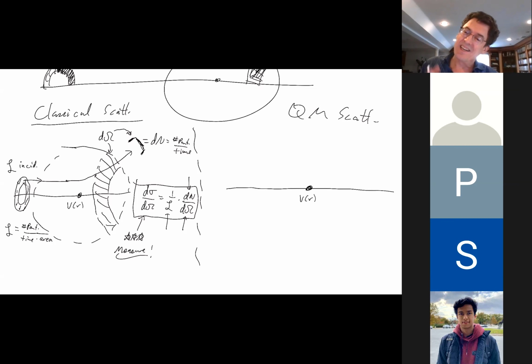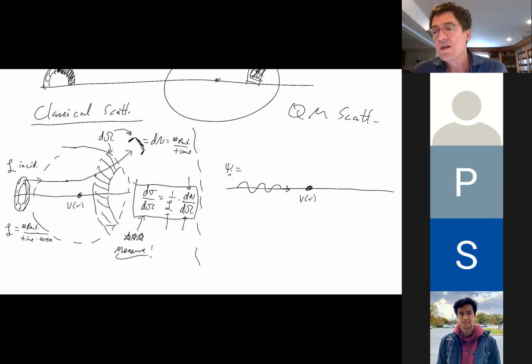We send in a wave, because a particle with a well-defined energy is a plane wave. And you learned that last semester. So we're going to send in a wave, and that wave is going to be my incident wave function. And that incident wave function I can write with a little equation.